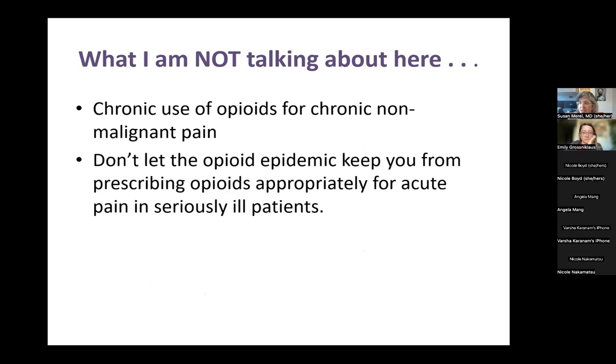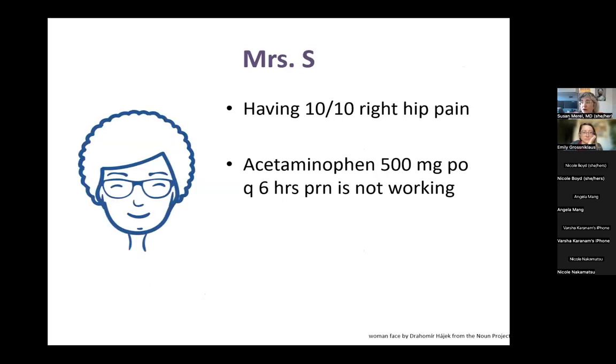I am not talking about the chronic use of opioids for chronic non-malignant pain, right? The opioid epidemic is very obviously real and a problem, but it should not keep us from prescribing opioids appropriately for acute pain in seriously ill inpatients or outpatients for that matter.